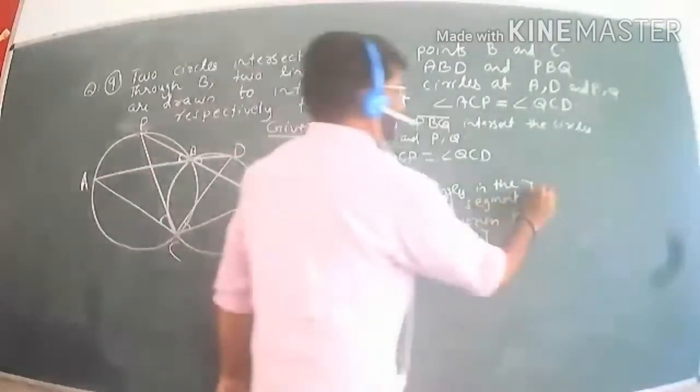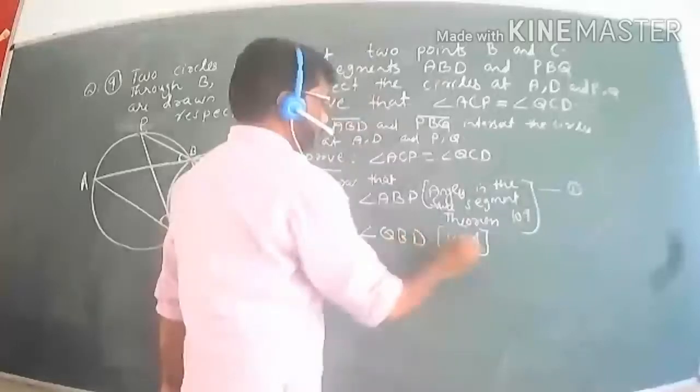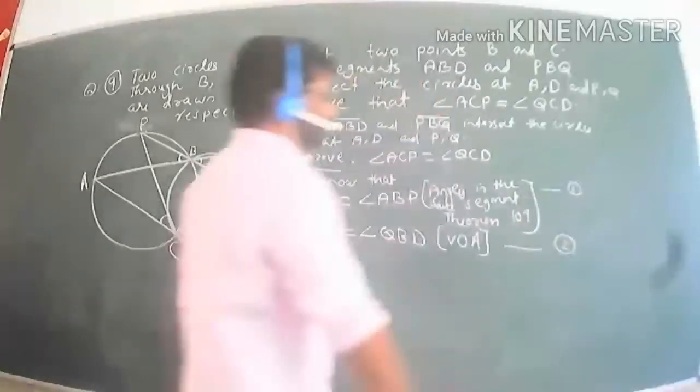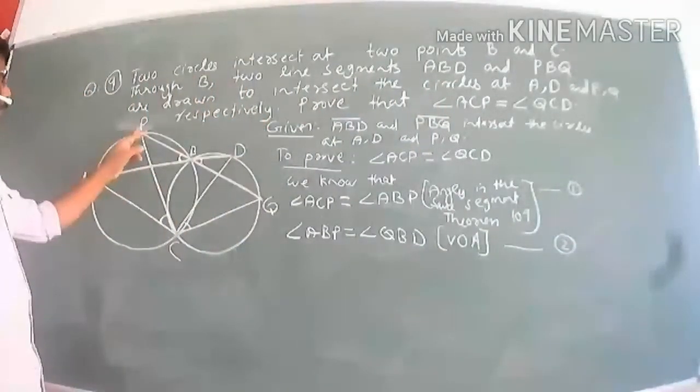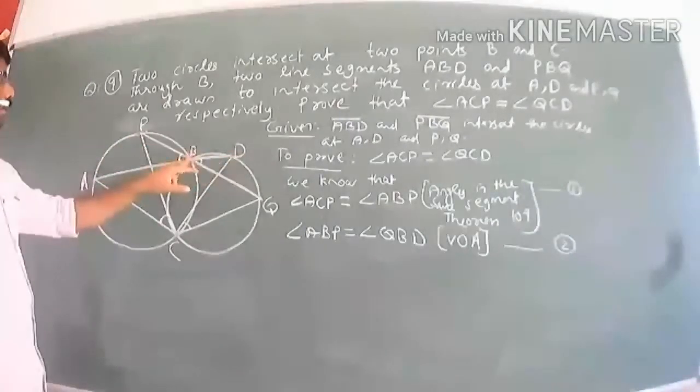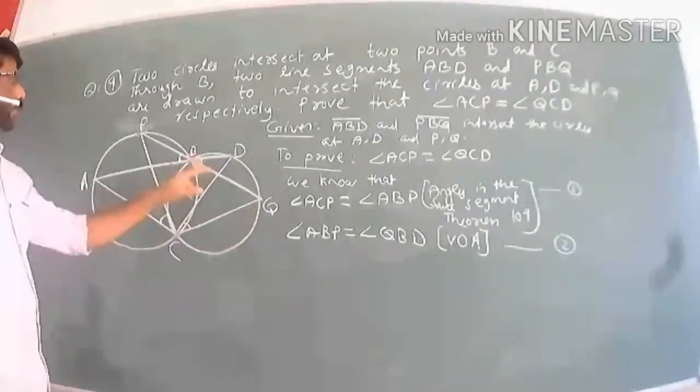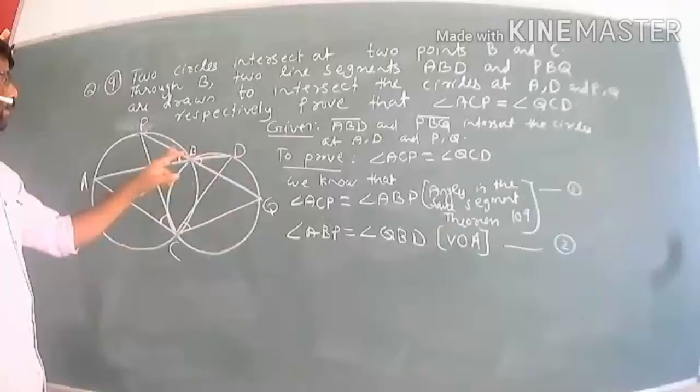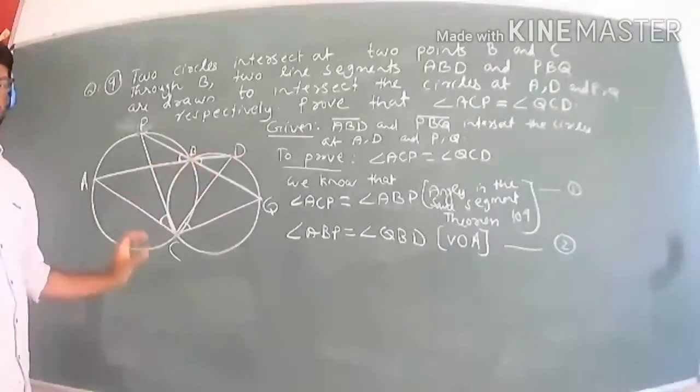This we can call equation number 1. This we can call equation number 2. So what we have proved? Angle ABP is equal to angle DBQ, vertically opposite angles.